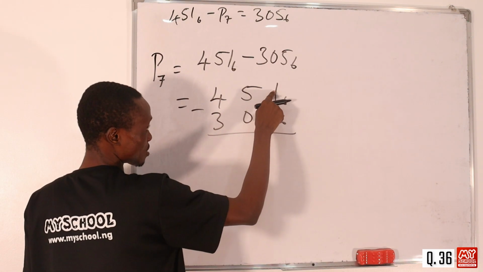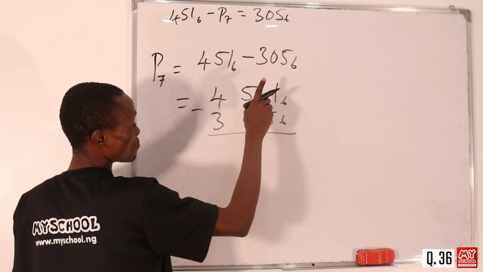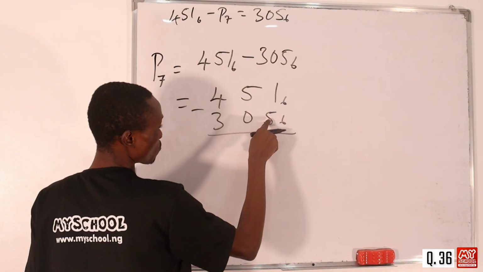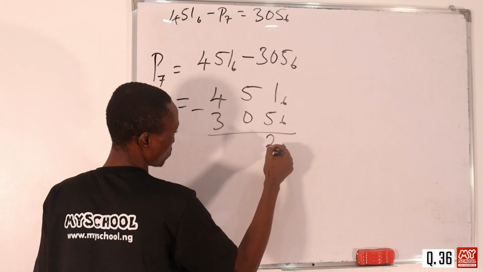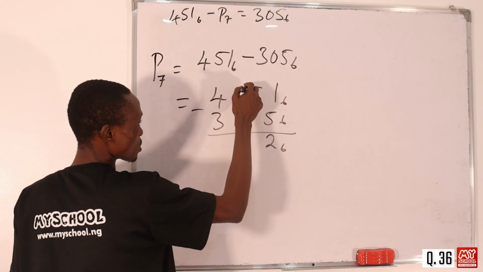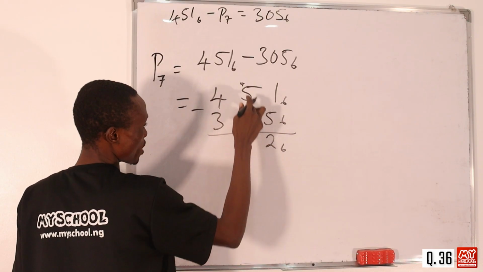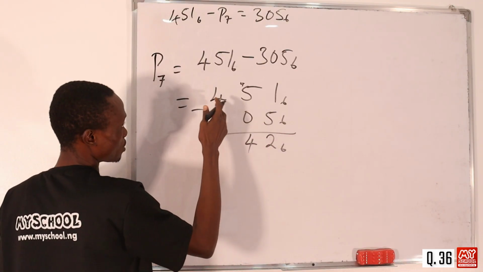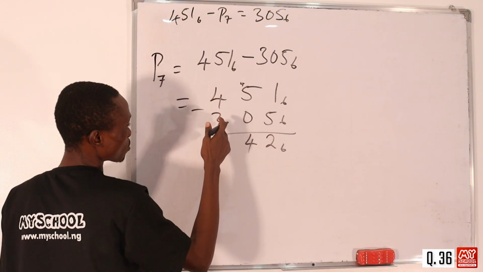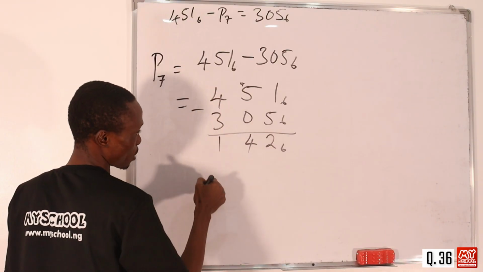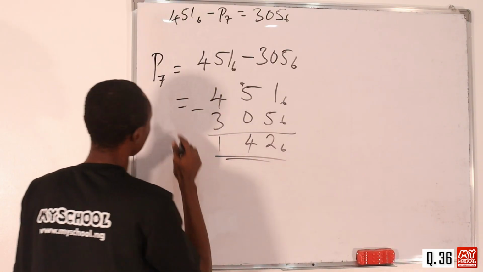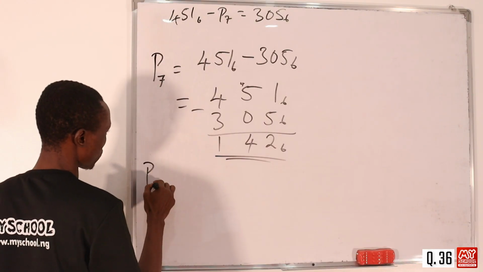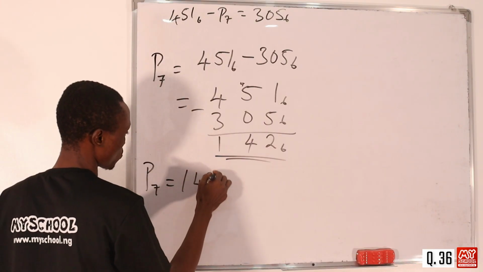If we add that 6 to this one, we have 7. 7 minus 5 is 2, remember in base 6. Then what is left here is 4. 4 minus 0 is 4, and here 4 minus 3 is equal to 1.